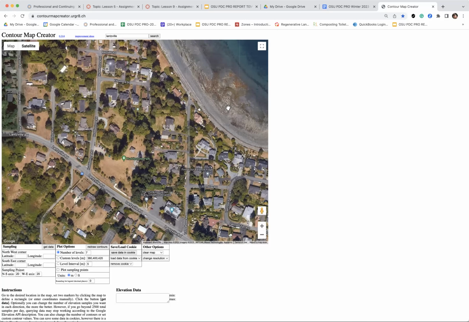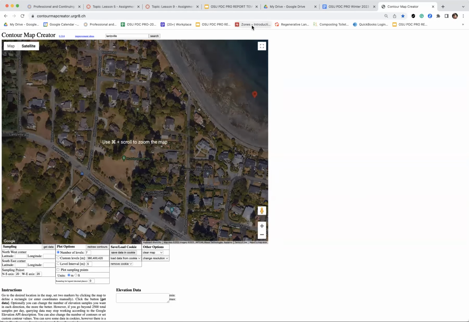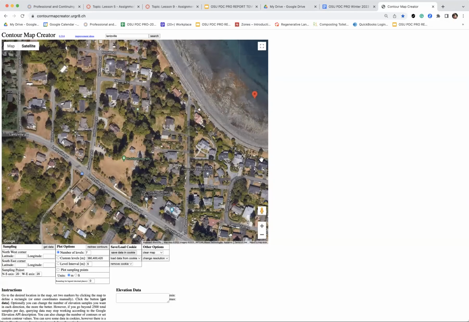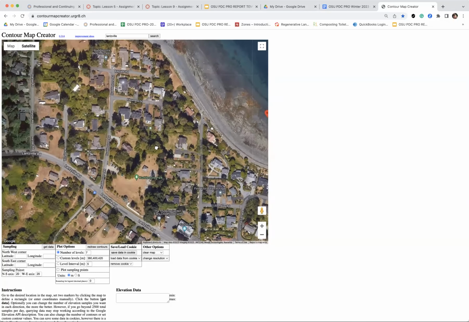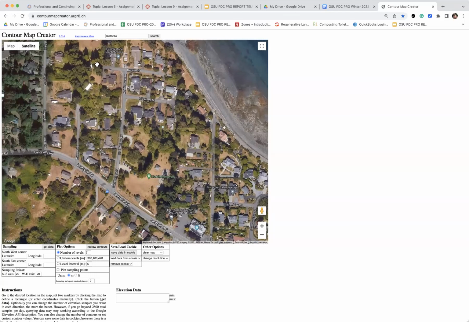But for this assignment, if you don't have any contour data, then this is a good resource. If you go to Contour Map Creator, you can just Google it and you'll find the site. Let's get our resolution a little bigger. I guess that's as big as we're going to go at the moment.